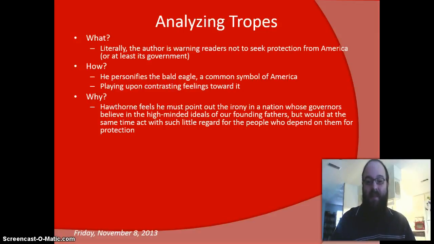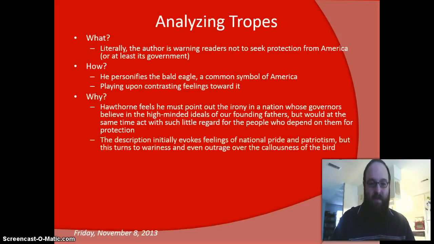And so he's trying to play on our natural feelings toward our nation, and kind of point out some key irony about our feelings toward it.